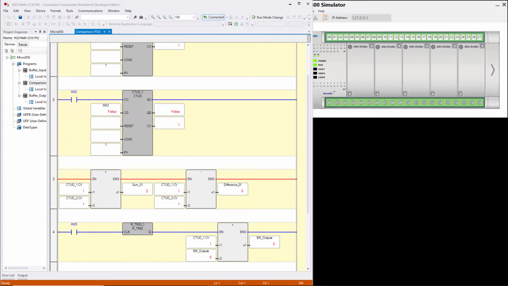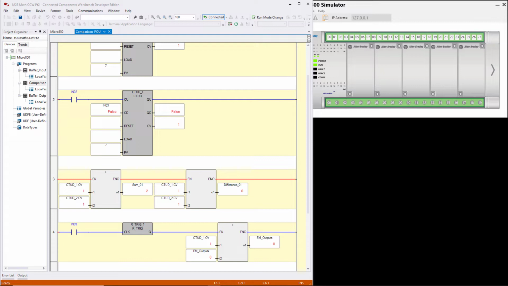In other words, if the enable in is true, it's false right now, but if it were true, it's going to add the value of input 1 to input 2, and store it in output 1.